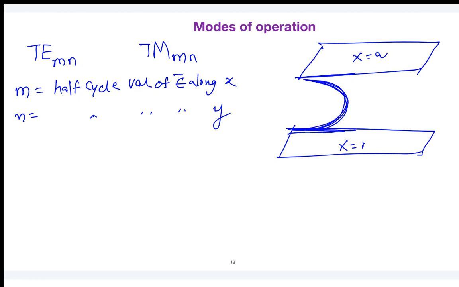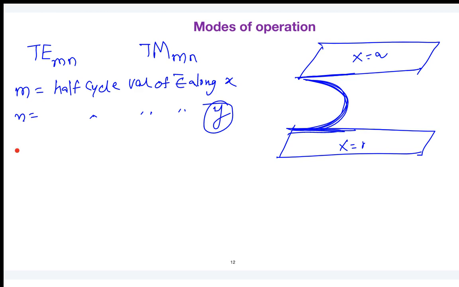And one more thing, are you doing anything in the Y direction here? In parallel plate waveguides, is there anything in the Y direction? Yes, which means that your N value can be equated to 0.